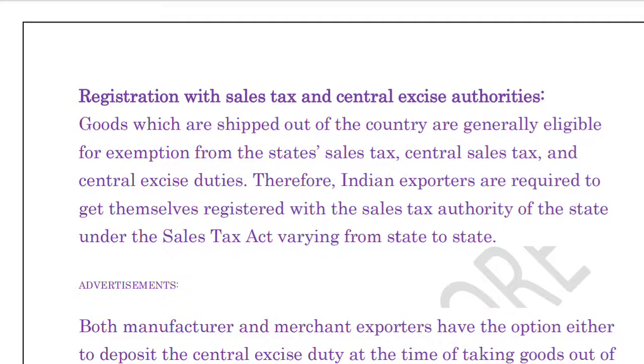Therefore, Indian exporters are required to get themselves registered with the sales tax authority of the state under the Sales Tax Act, varying from state to state.